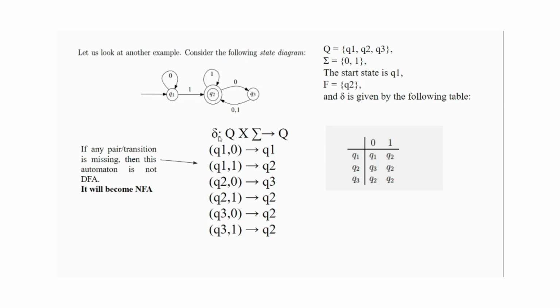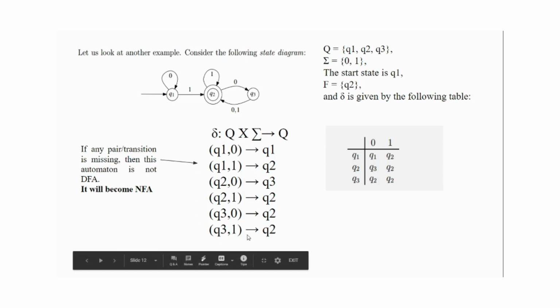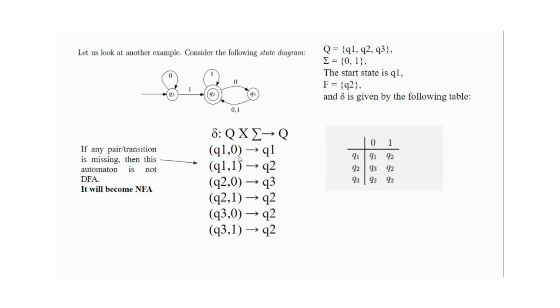Now the second point, suppose all pairs are given, but for a particular pair there are two states, suppose q1 and q2, so two states after transition, then also this is not a deterministic finite automaton. This could be a non-deterministic finite automaton, but it is not deterministic. So this is the basic difference between DFA and NFA.